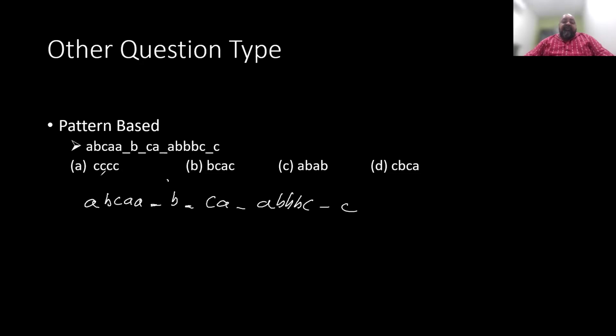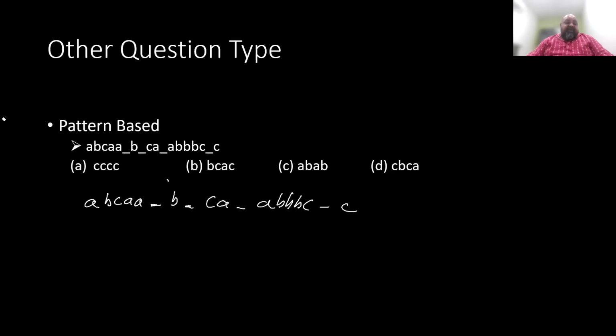If I look at the first option, there's C, C, C, C. So C in the first blank, C in the second blank, C in the third blank, C in the fourth blank. Is there a pattern forming? ABC, AACB, BCCA? It doesn't look like it.